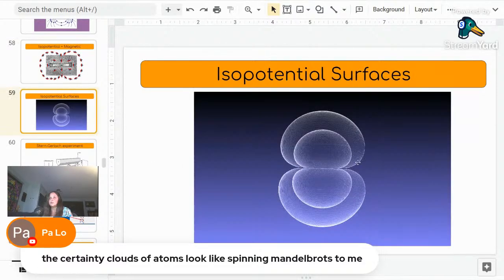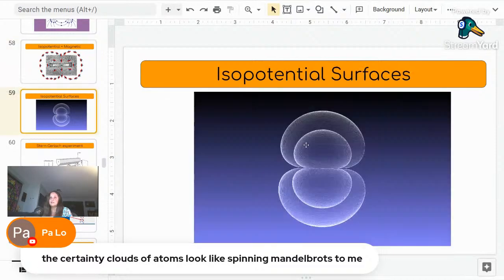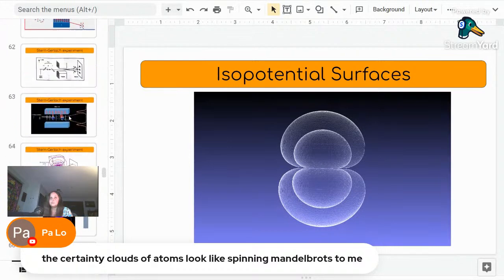This is what it looks like without the lines. It's actually a surface. Isopotentials are just equal potentials. So at certain distances from the magnet, you've got equal potential, and they make this kind of pattern. This looks like an 8. It looks like the number 8.